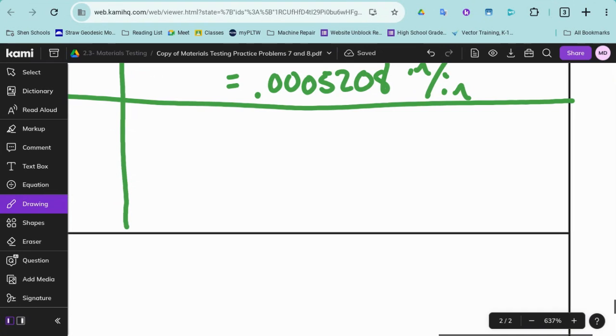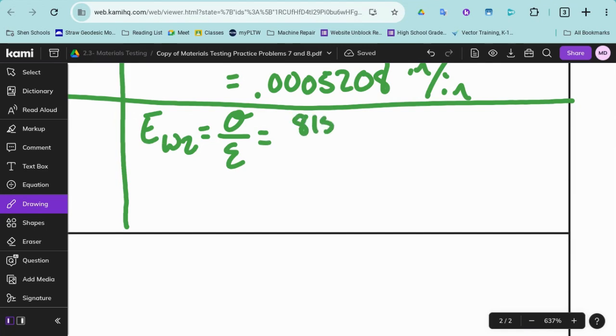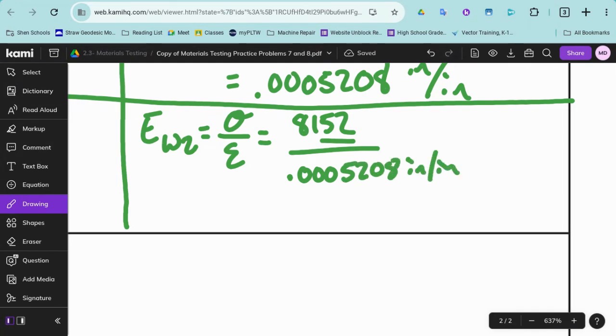So let's repeat the process for wire 2. Stress over strain. This time it's our 8,152 pounds per square inch stress over 0.0005208 inches per inch of strain.